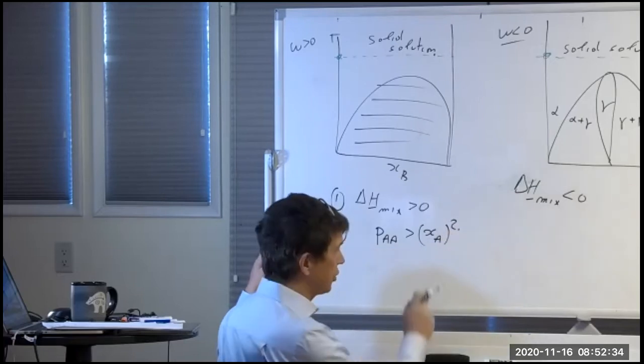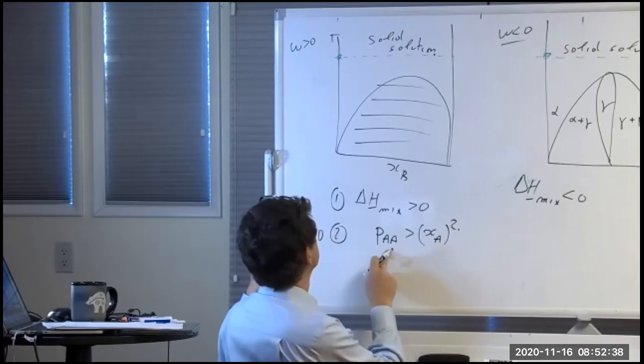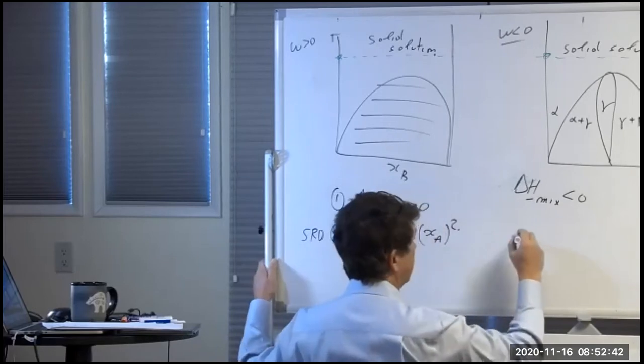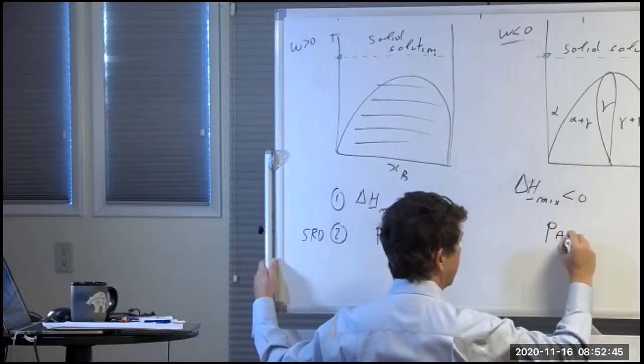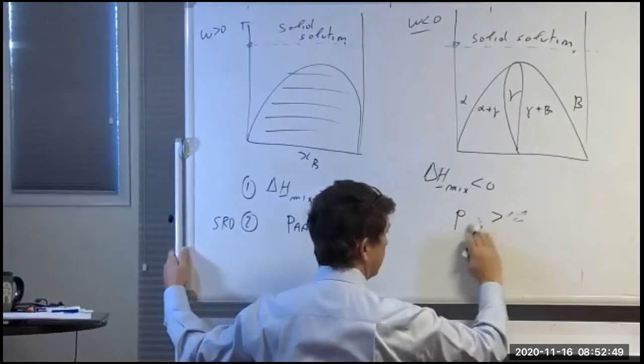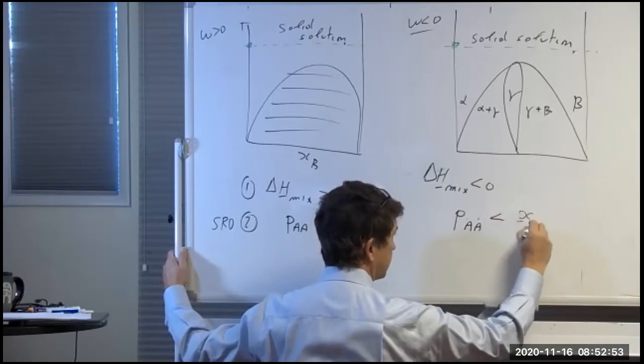XA squared is what you would find if you're random. If it's larger, that means your AA and BB bonds are preferred. And here, the probability to find AA, let me do it that way to keep it simple, would be less than XA squared.